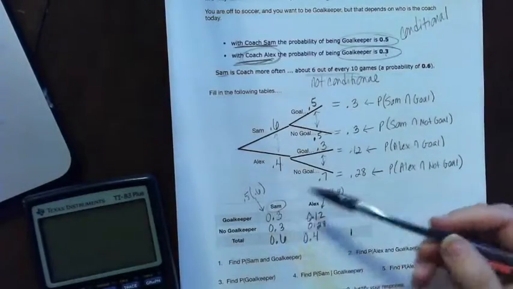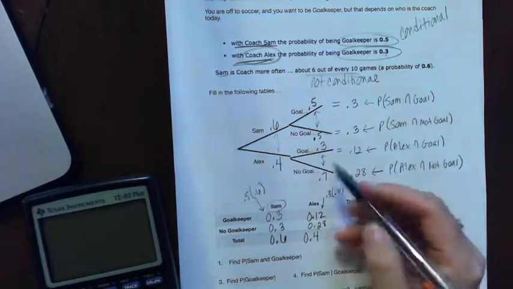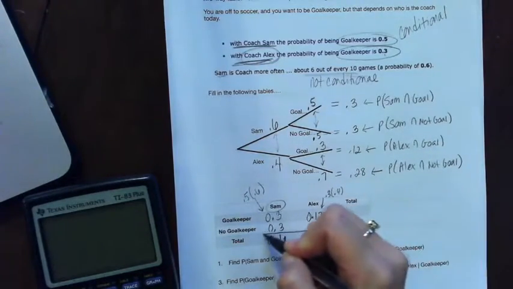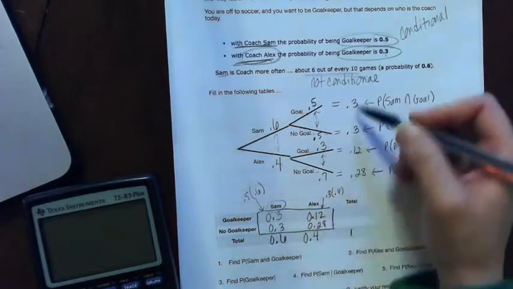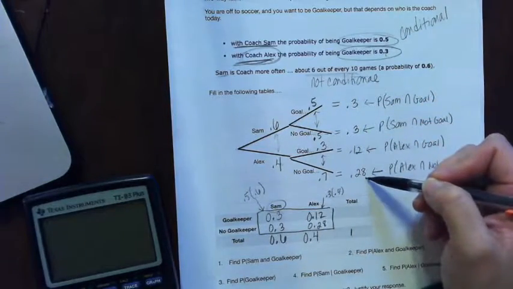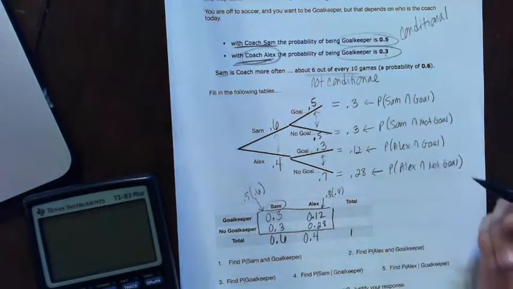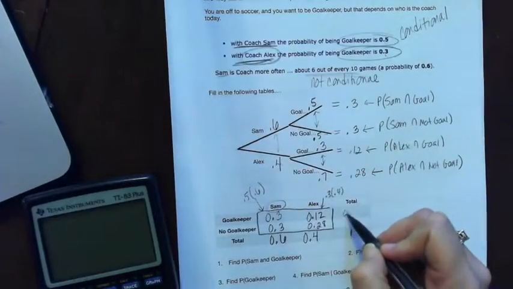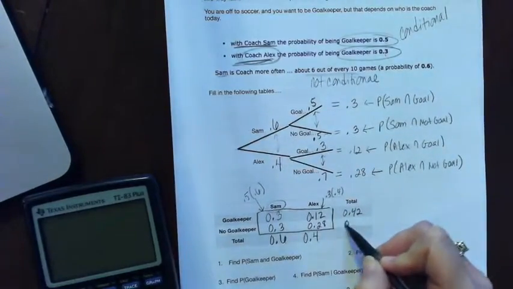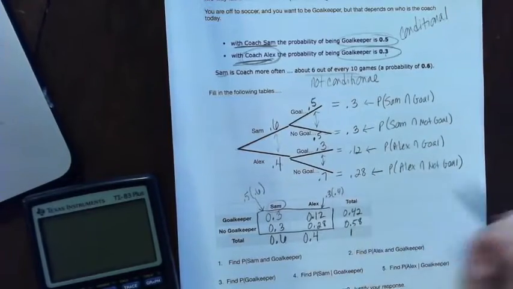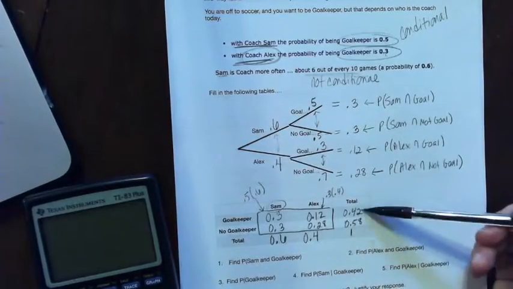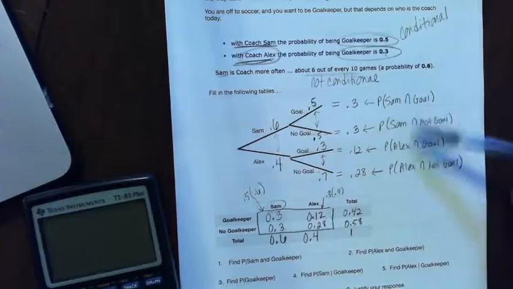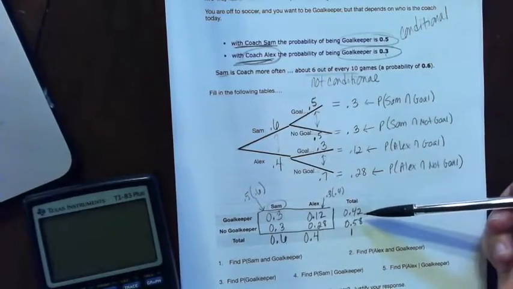And now you should be able to see the four numbers on the inside of the table are the four numbers that are over here on the edge of my tree diagram. This 60 and this 40 are here. These numbers over here, this is the only reason that I might like for you to be able to do the tree diagram: these numbers here are not in the table anywhere, but they might be useful numbers.